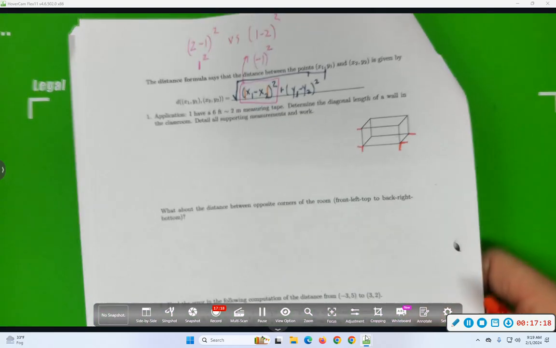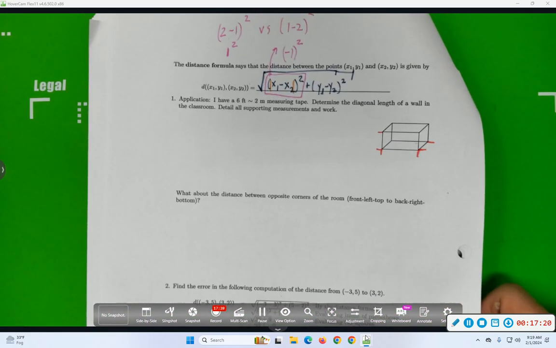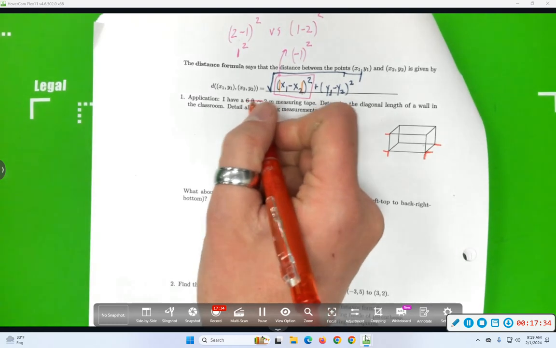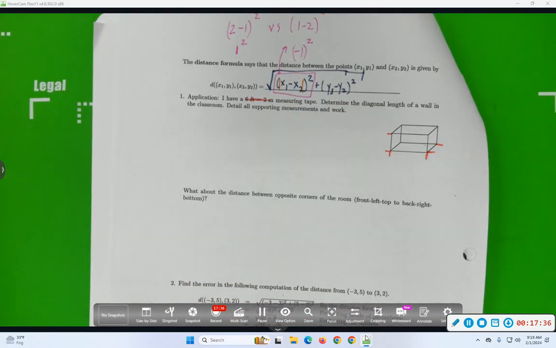This is in inches. Okay, so it's 27. I would say 27. So 27.5. Yeah. Cool.